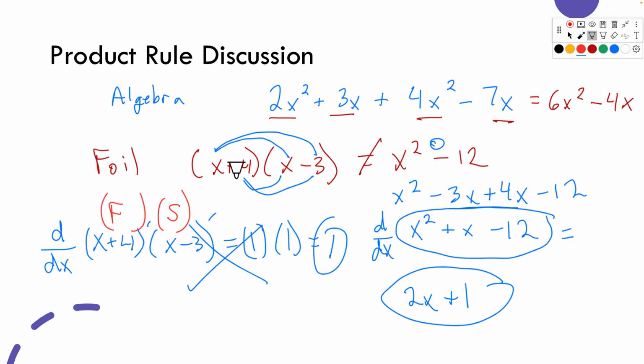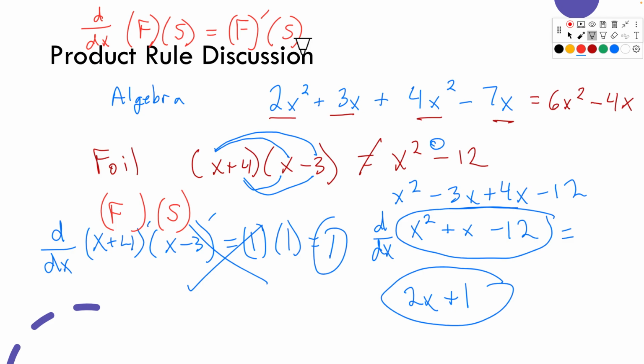So what we'll do, kind of similar to the FOIL, is when we want to take the derivative of two functions that are being multiplied, the formula is we take the derivative of the first times the second function with nothing done to it.